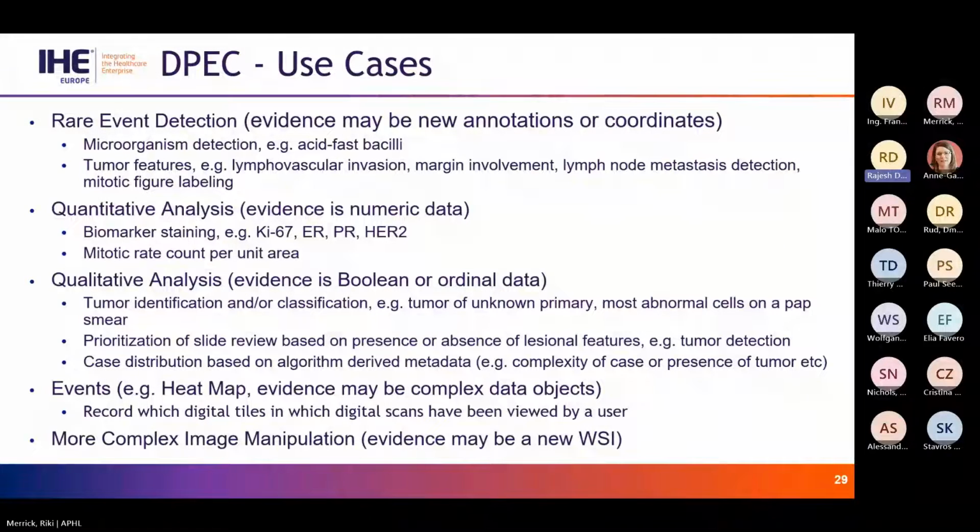And so in order to support this, we plan to create this new digital pathology evidence creation profile. And this is going to create new data, and that data might be in the form of an annotation or a coordinate. So for example, if an acid-fast bacillus is found, it might put a square around it or an arrow pointing to it, or coordinates, and send that back to the PACS system and/or to the LIS or order filler.